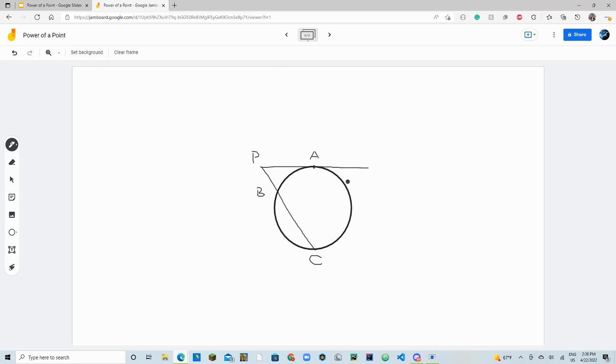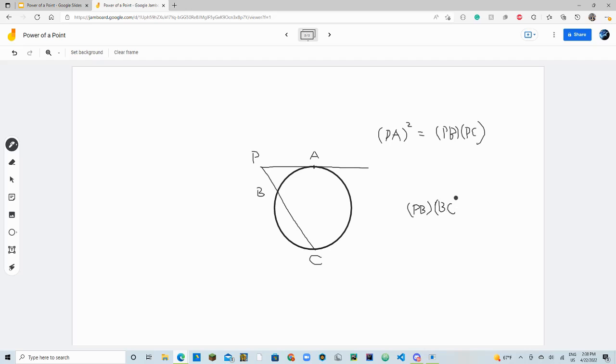So our first power of a point theorem states that PA squared is equal to PB times PC. And notice, a very common mistake: some people think that it's PB times BC. It's not.